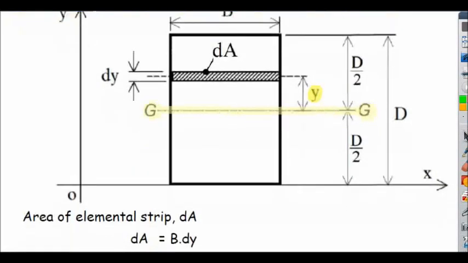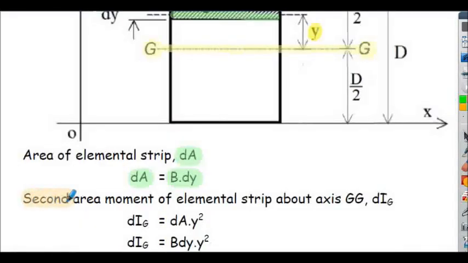So here's the solution. Again, the elemental strip labelled as dA, shown here for this section, is equal to b multiplied by dy. The second area moment of the elemental strip about axis GG, labelled as dIG here, is the dA multiplied by y squared. Just rearrange that on the next line, which is b dy multiplied by y squared.